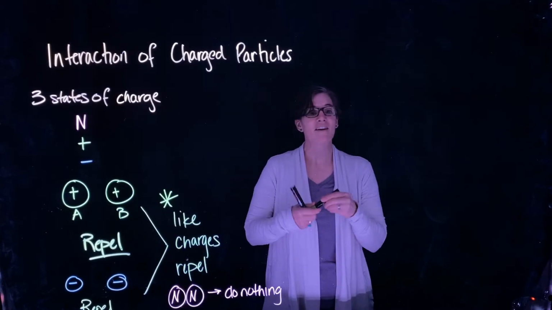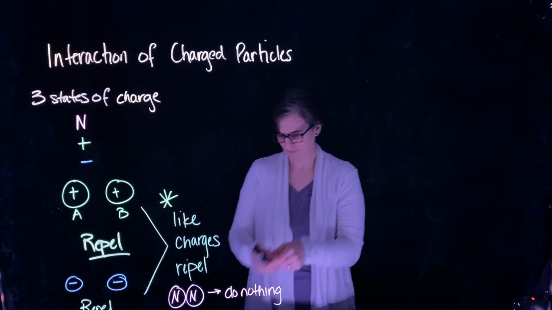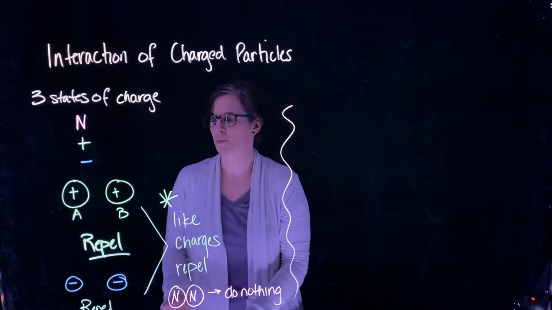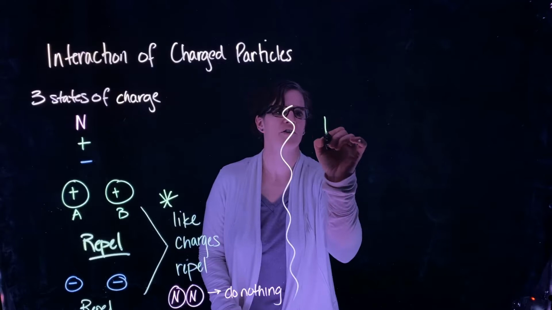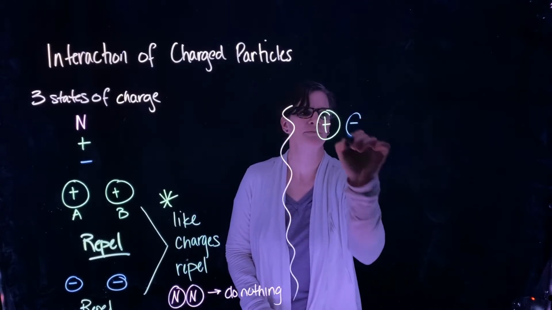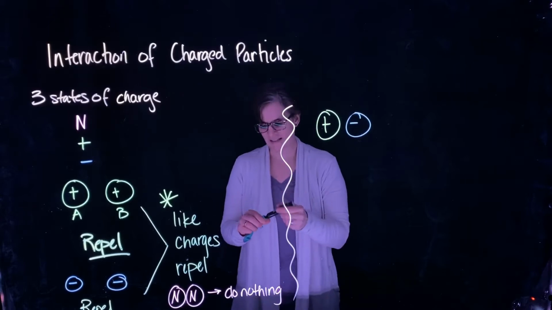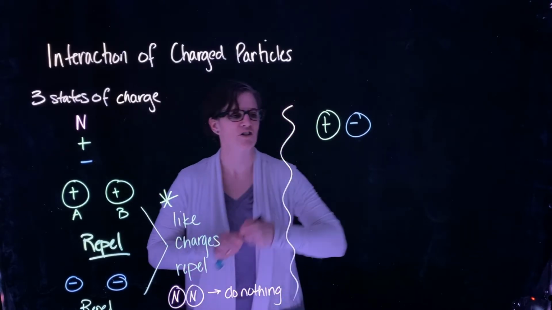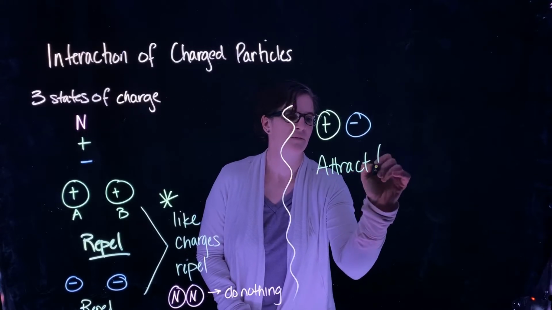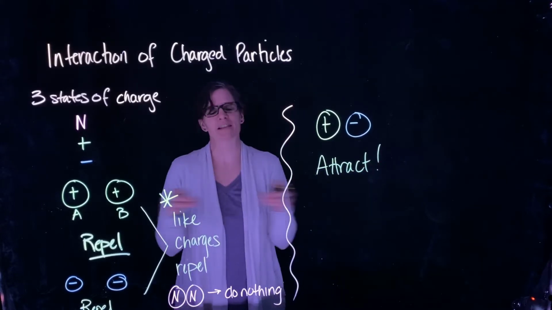Well, what if I have opposite charges? What is the interaction between a positive charge and a negative charge? Well, in this case, positive and negative charges attract one another. They like each other. They want to be close together.